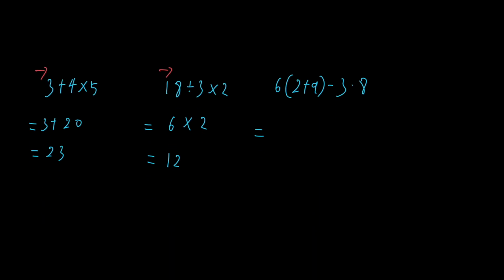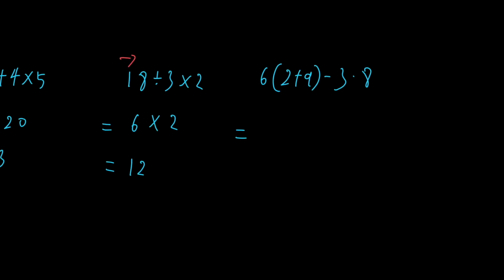So because we have a parenthesis, we're gonna evaluate first. So 6 and parenthesis 2 plus 9 is 11. And minus. You see this dot? This dot means multiplication.